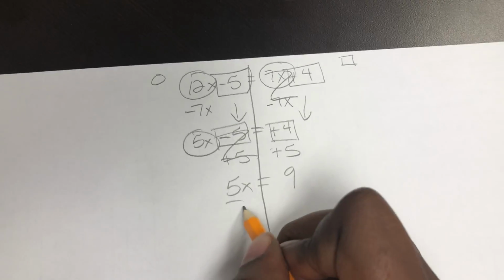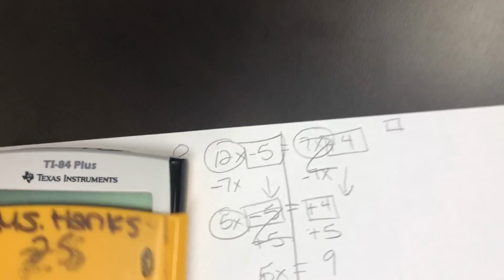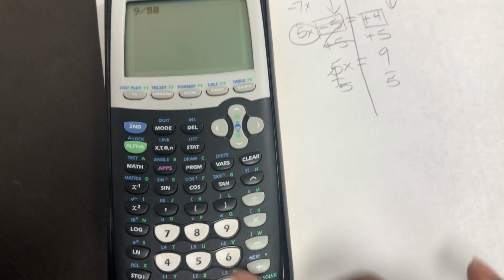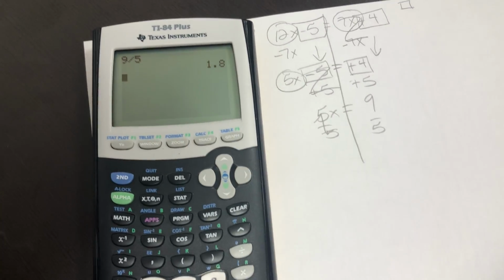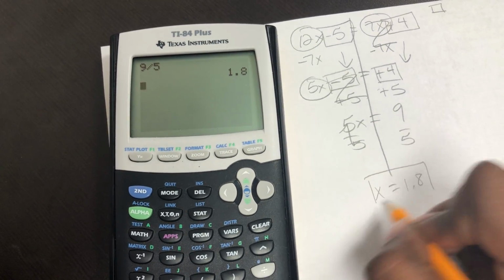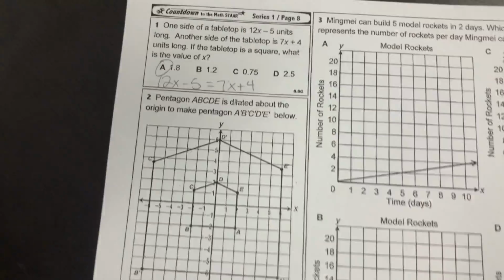And then the only thing that's left to do is divide by 5. So 9 divided by 5, you should get 1.8 equals x. And there you go, answer A.